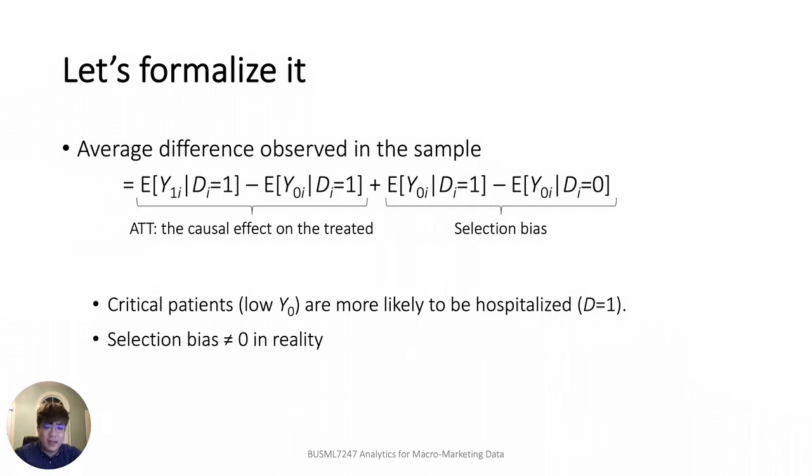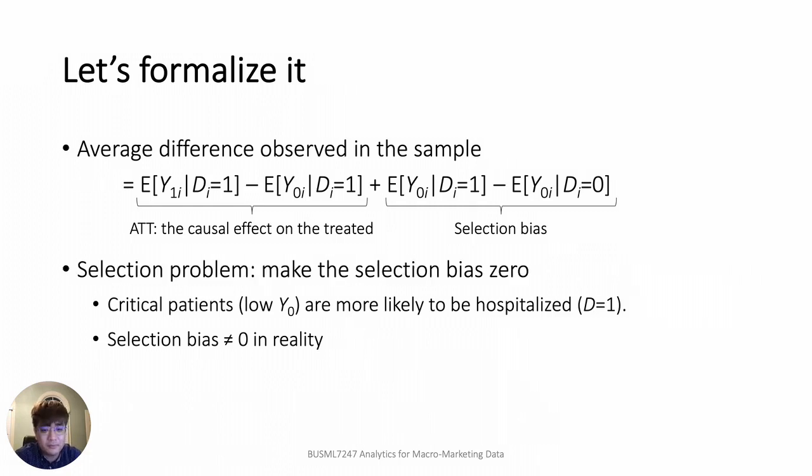But this is unfavorable for causal inference. For causal inference, the selection bias should be 0 to identify the causal effect by the average difference observed in data. And this problem is usually called the selection problem.